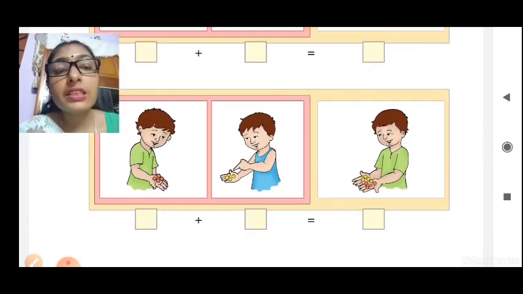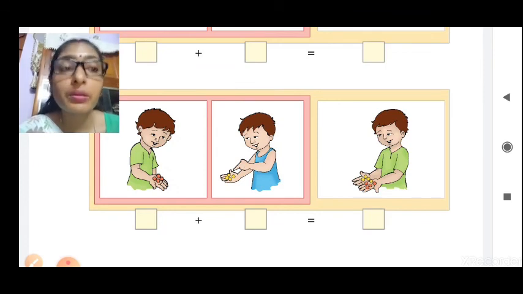See, this green shirt boy has 4 marbles in his hand. Okay. And this blue shirt boy has 4 marbles. So all together, total how many marbles? That means this one boy has given his marbles to the other one.